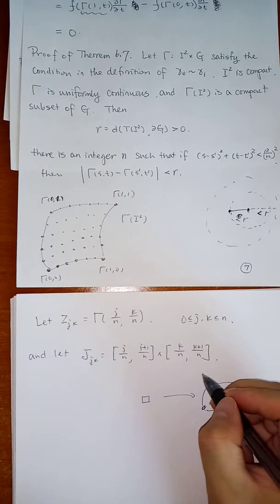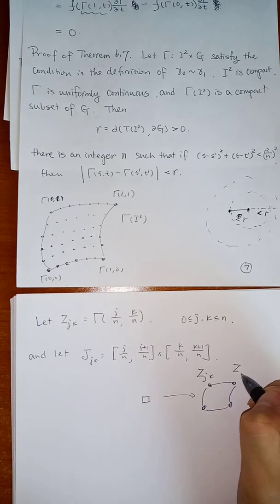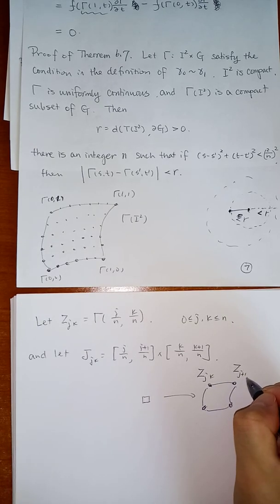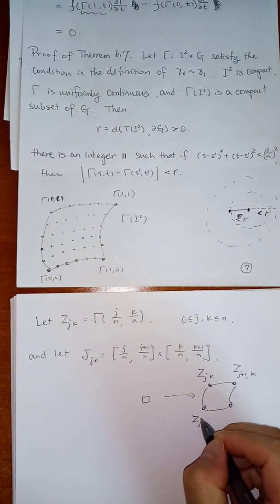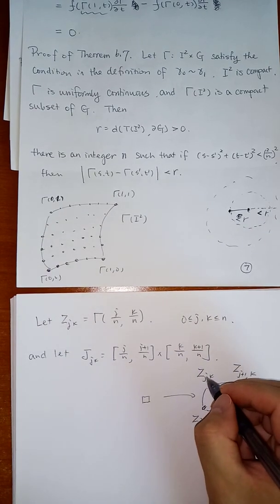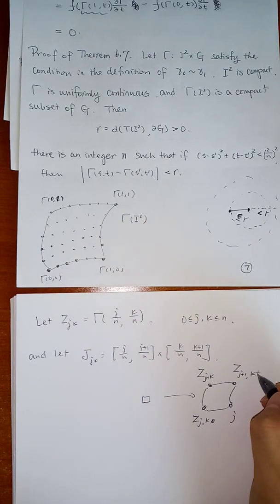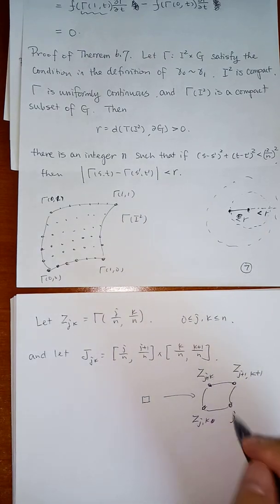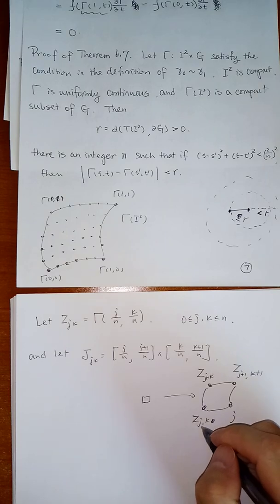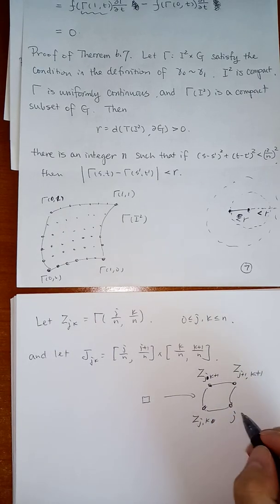In the small square, we will have z_jk, z_{j+1,k}, z_{j,k+1}, and z_{j+1,k+1}.